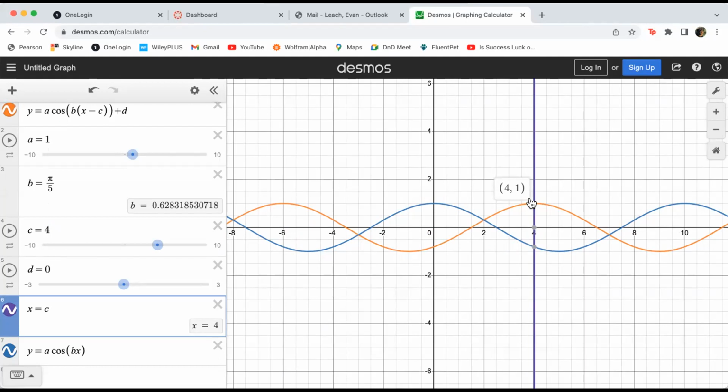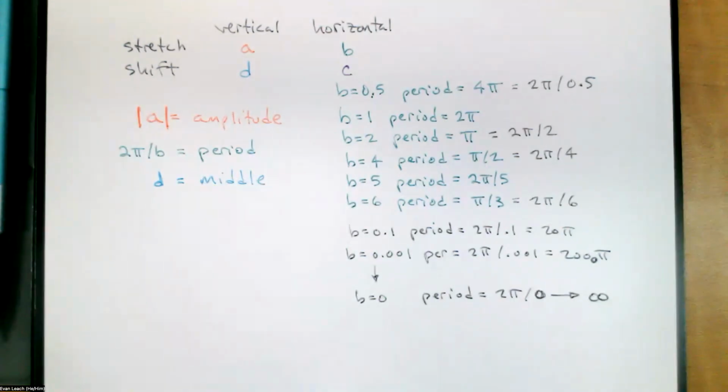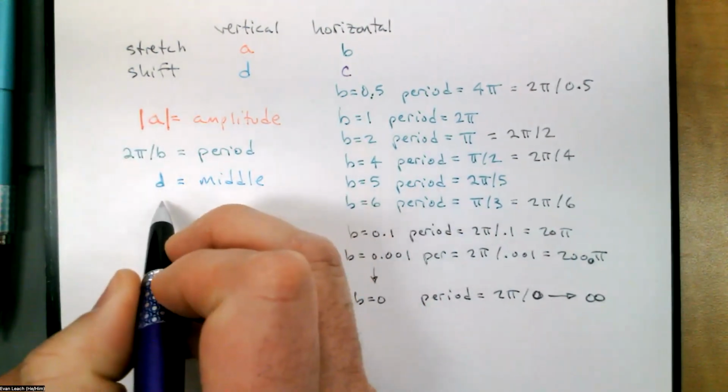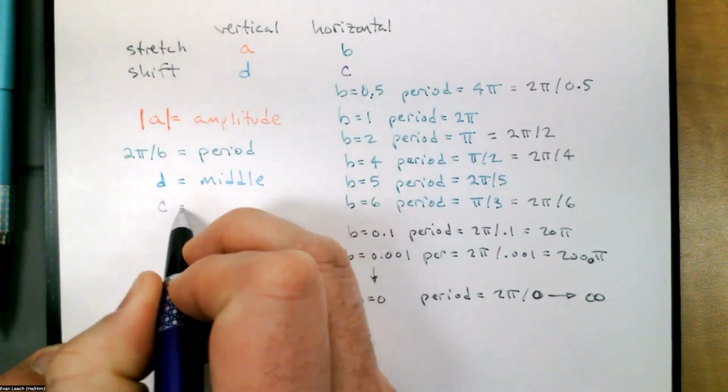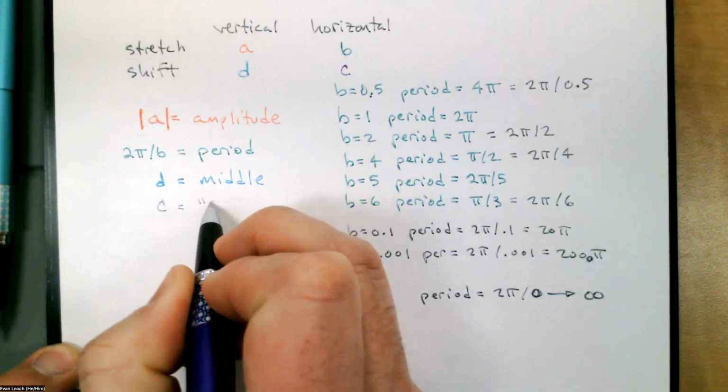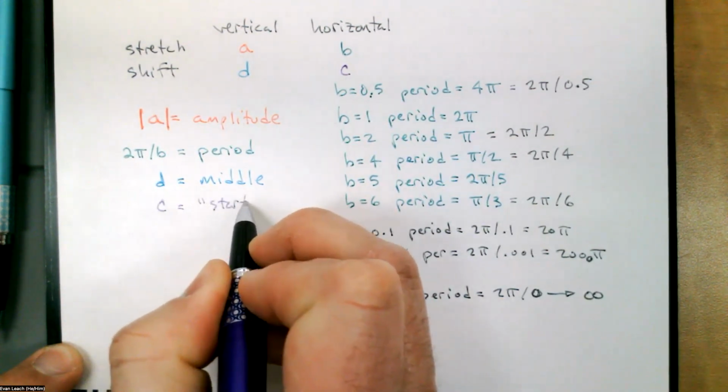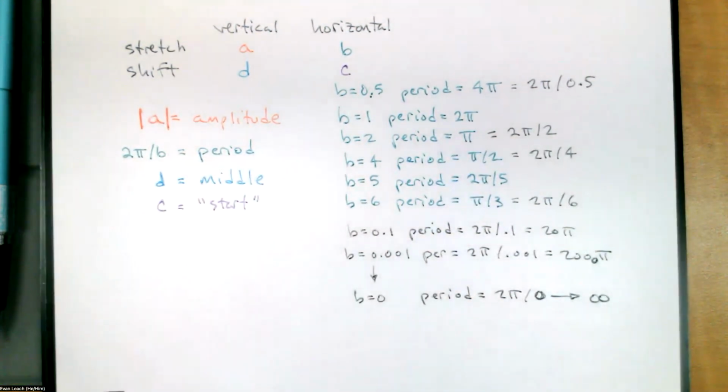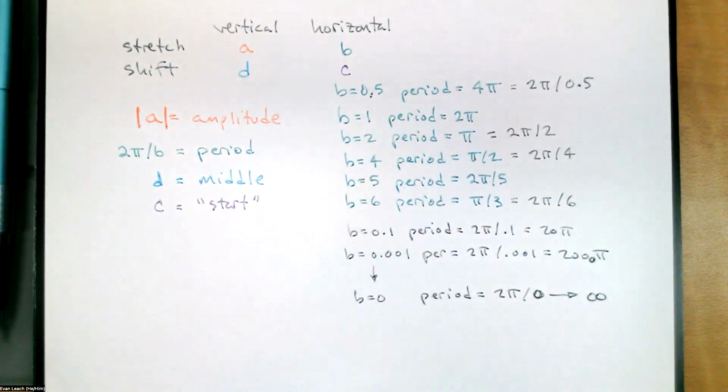One last thing to observe. Let's switch back. So C is where we're going to put the start. Either the top, the mid going up, the bottom, or the mid going down.